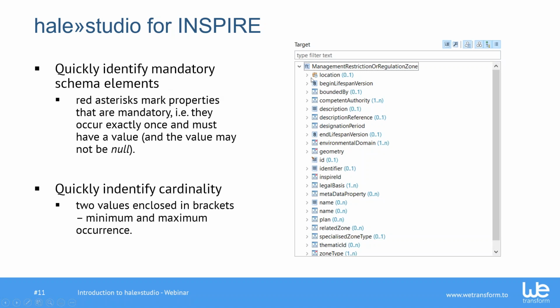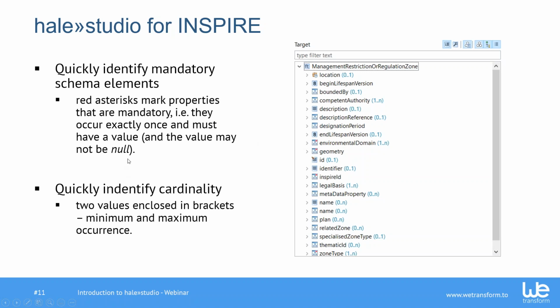These are schema elements in your Inspire schema that must be present, so the data is required and may not contain null values. Those you can identify by these red asterisks. That's one feature I really like, because when you load your Inspire schema, you can see quickly that red asterisks mark properties that are mandatory. They must contain a value.